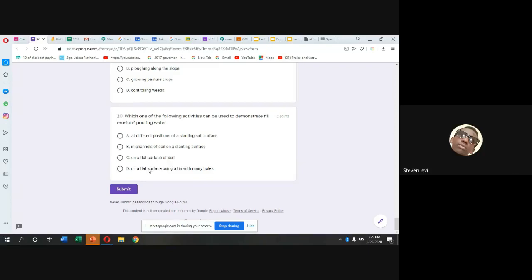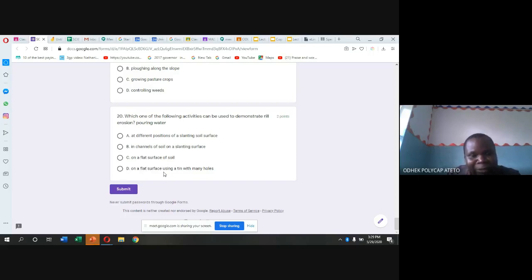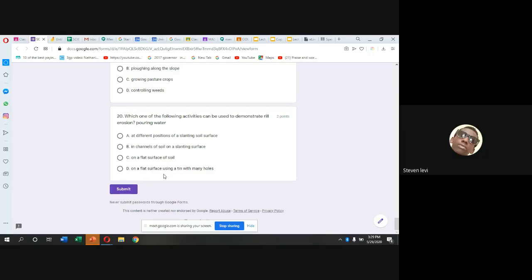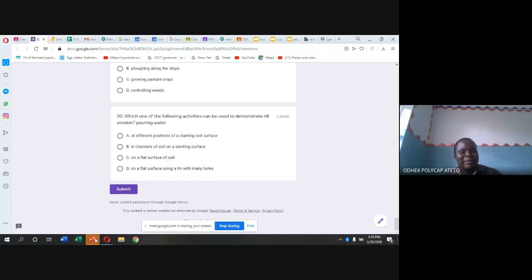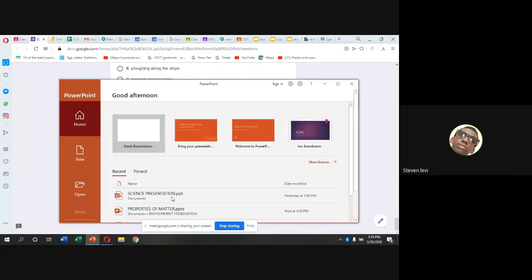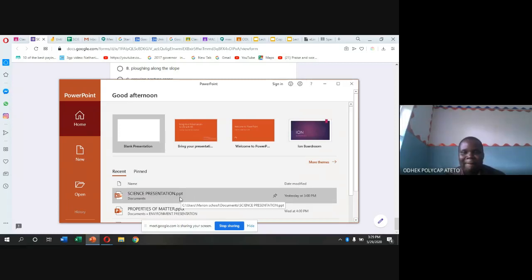Choice C is wrong because we are demonstrating sheet erosion by pouring water on a flat surface. Very good. Why is choice D wrong? Choice D is wrong because they've said on a flat surface using a tin with many holes, and when we use that, we are going to be demonstrating splash erosion. Very good. Clap for yourself for doing a nice job. Correct.